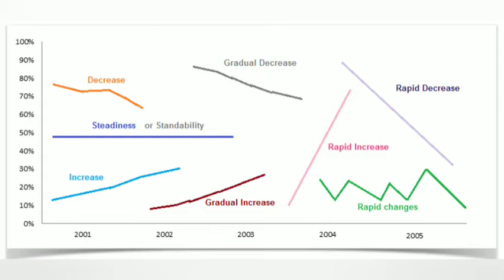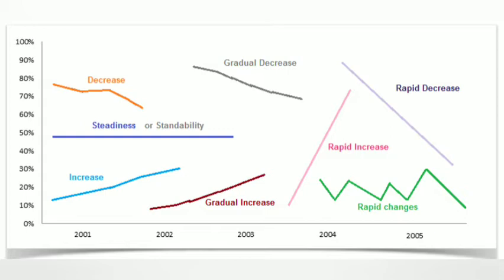And maroon line is for gradual increase, and rapid increase is being represented by pink line, and purple line shows us rapid decrease. We can also see here green line, which has some fluctuations or rapid changes. Well, this green line helps us to understand zigzag pattern or fluctuations.